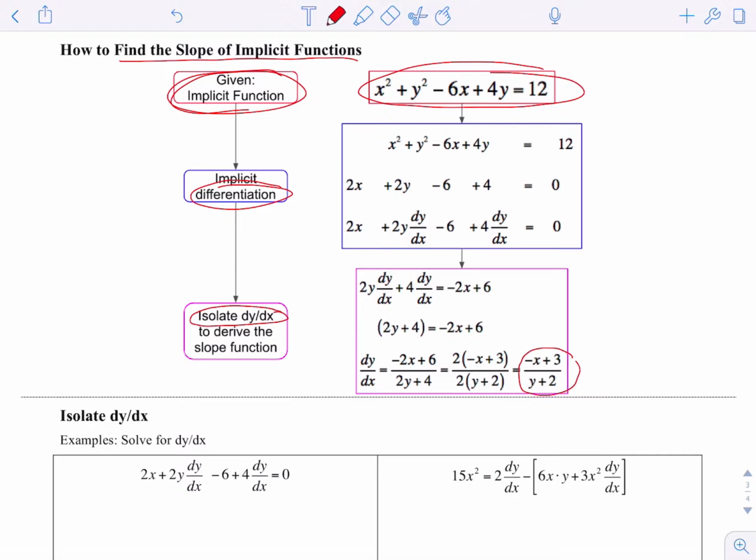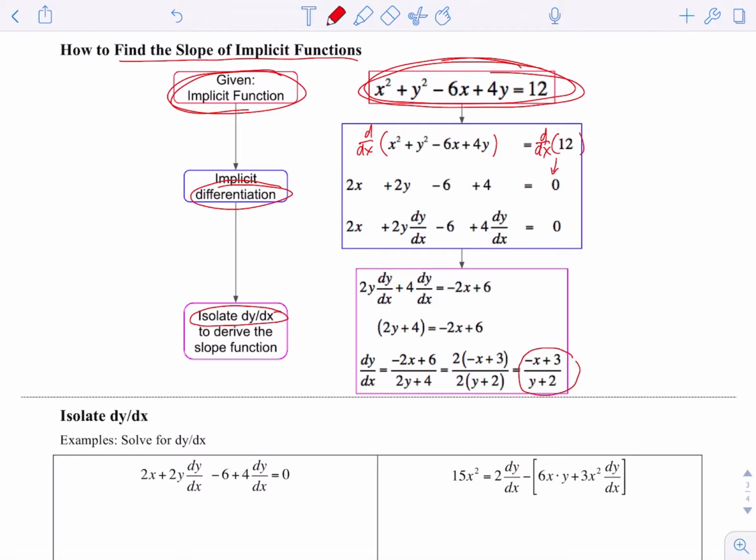First of all, when we have an implicit function, to get the derivative function, we need to take the derivative. So I'm going to take d dx on both sides. Let's start with the right side. We know d dx of 12, that's a constant, is 0. That's pretty simple.